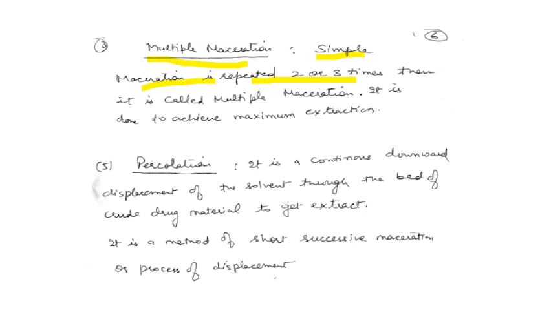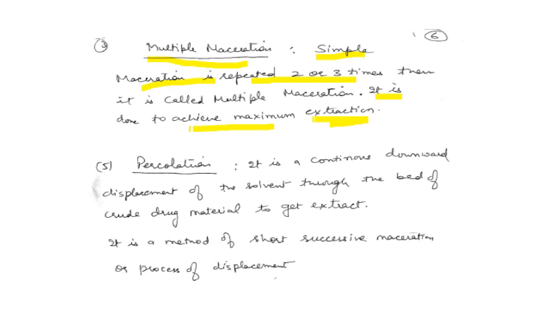When your sample is too hard for the extraction, this process can be used, and it is used to achieve the maximum extraction from the sample. So when we repeat the simple maceration process 2 or 3 times or more, it is called the multiple maceration process to achieve the maximum extraction.